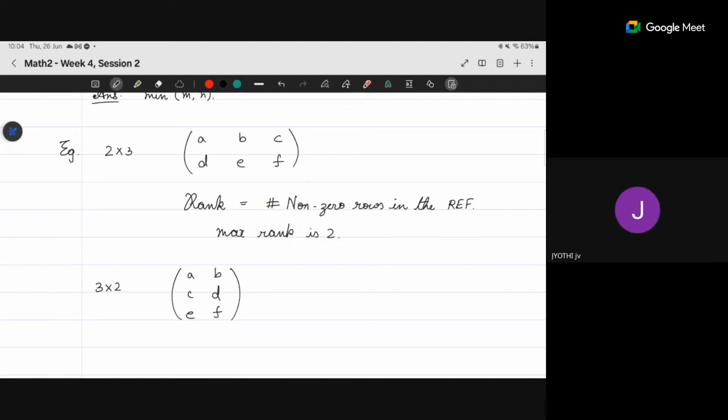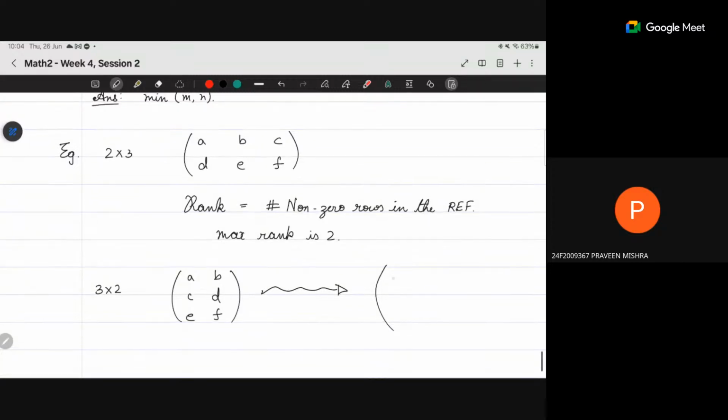No. Let's just do the REF of this. This will probably be 1, something, this should be 0, this should be 0. This is the best case scenario, and this will be 1, and this has to be 0, right? You cannot have 3 non-zero rows.